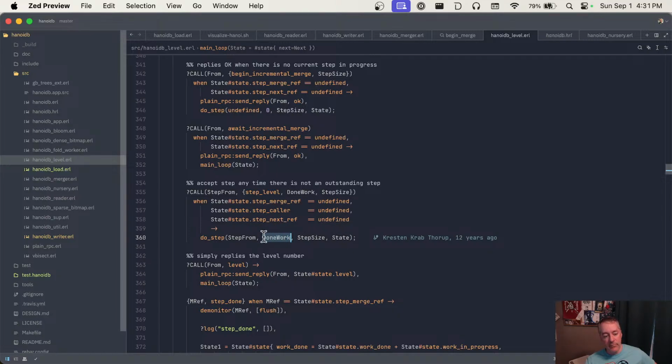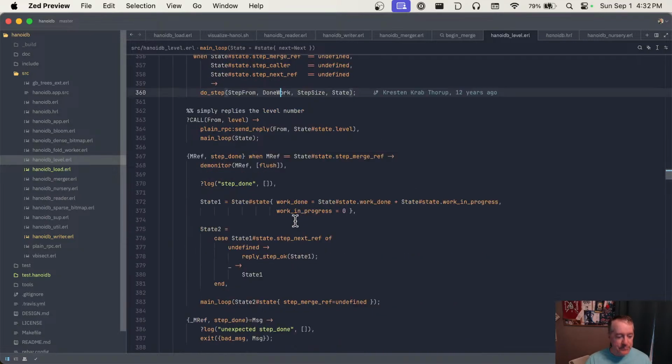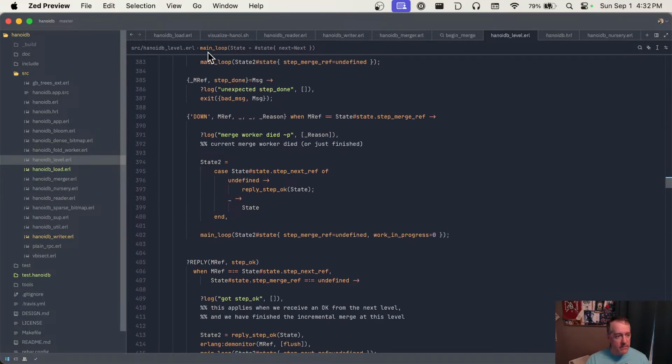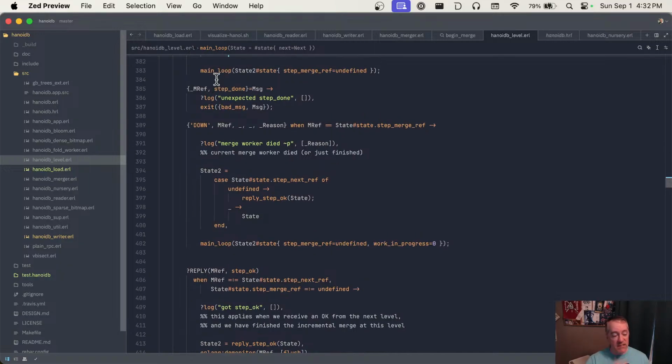So this is like how much work was done by younger generations. And then the step size is like how much this incremental piece of merge work is supposed to be. Okay, that's making more sense now. So this count is like accumulated up and passed down through the levels.